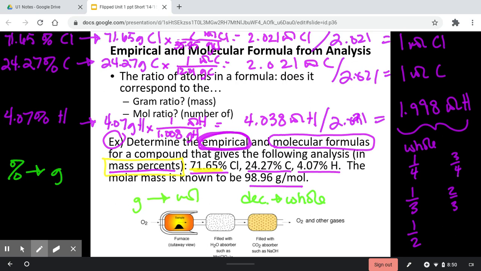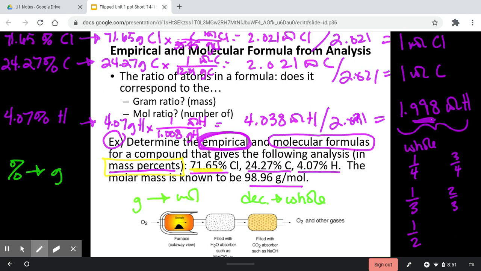It's either going to be a whole number, a fourth, a third, a half, I guess you could go 2/3 and 3/4 also. So one of these decimals is very likely where you're going to be. So you want to look at your decimals here and think, okay, what is that closest to?